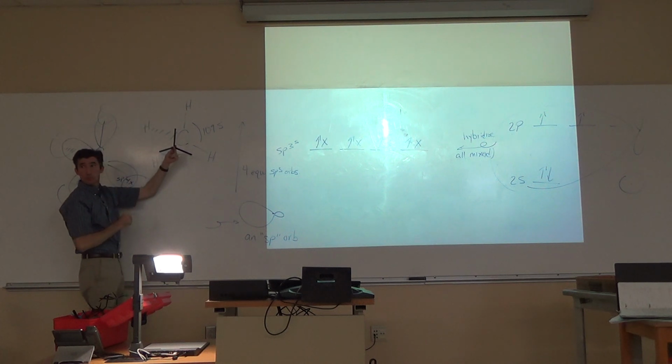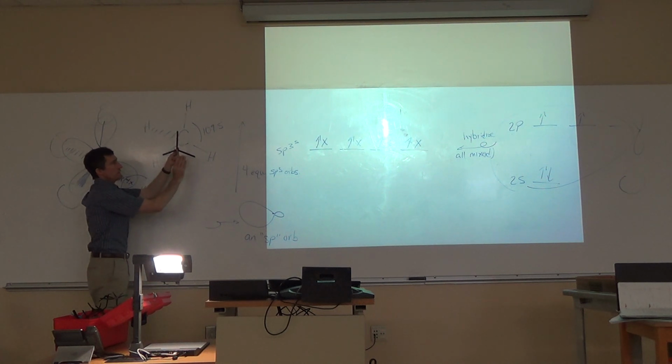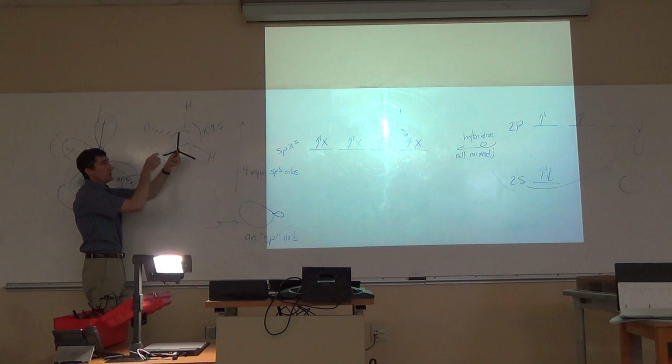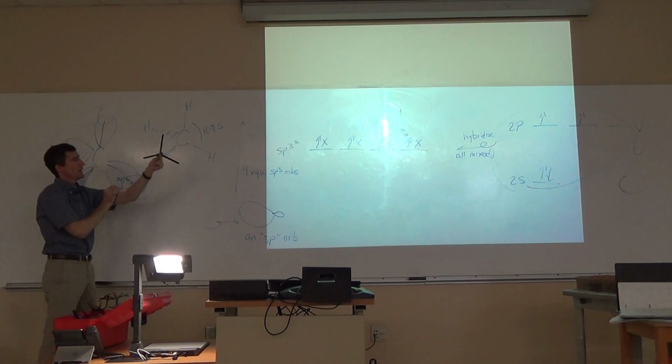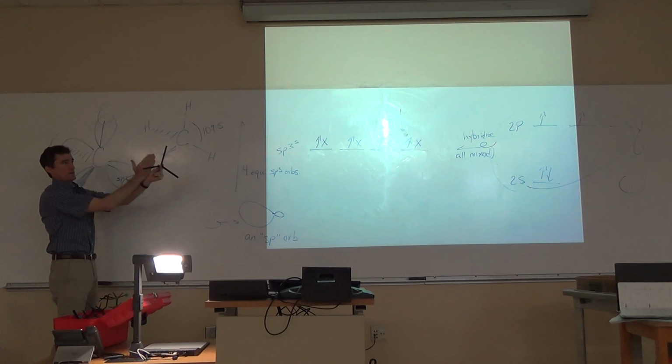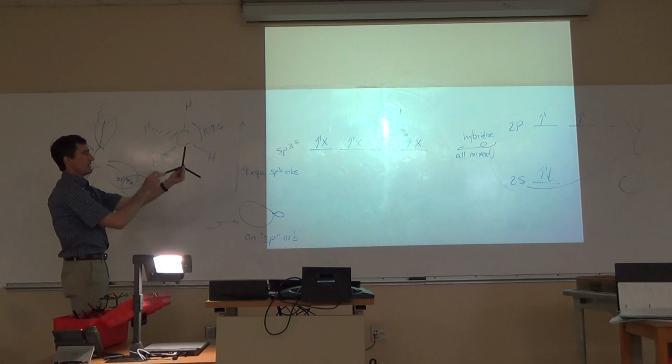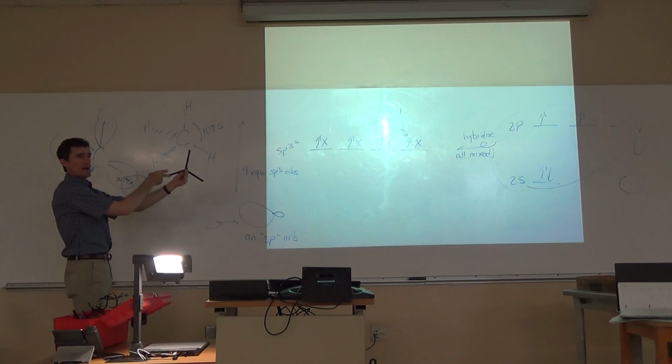One straight up on the board. One that way on the board. These are all H's out here. Right? This one's coming towards you. Right? This is the board here. Off the board towards you. This one's coming off the board back. Okay? Alright? Now, this one is right in front of the back one.